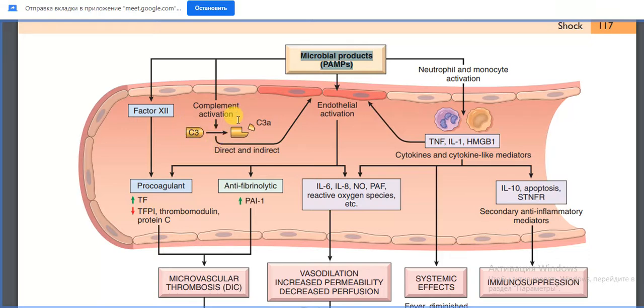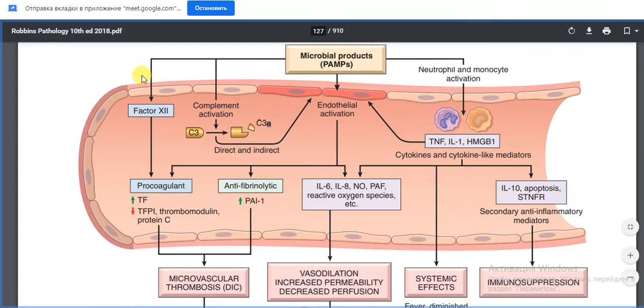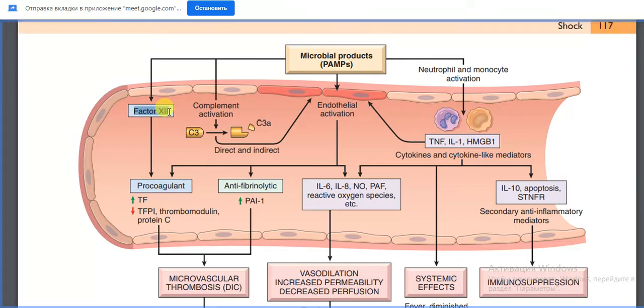C3 splits, forming C3b and C3a, and C3a causes the recruitment of more neutrophils and leukocytes. It promotes inflammation. Microbial products also cause factor 12 activation, which you remember from the coagulation process.